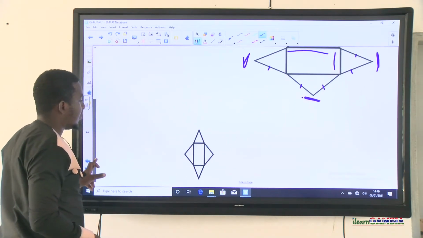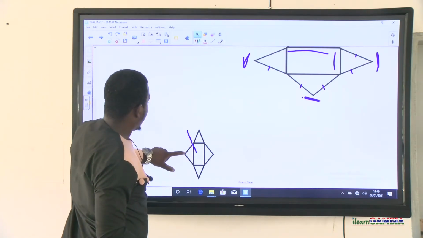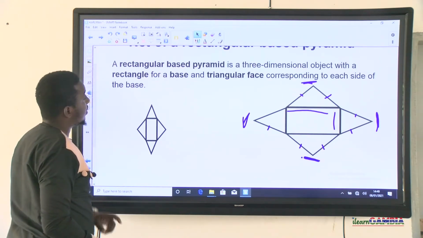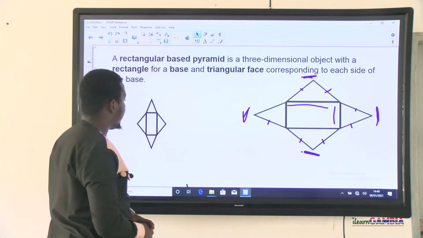Like again, if you look at this one also, it's another small diagram that represents a rectangular based pyramid.